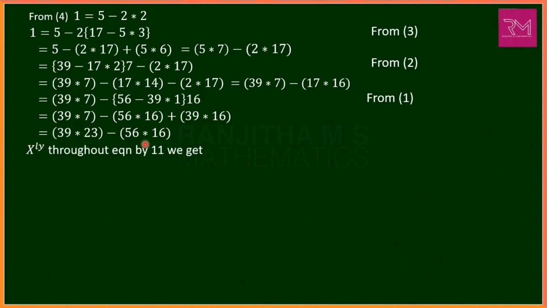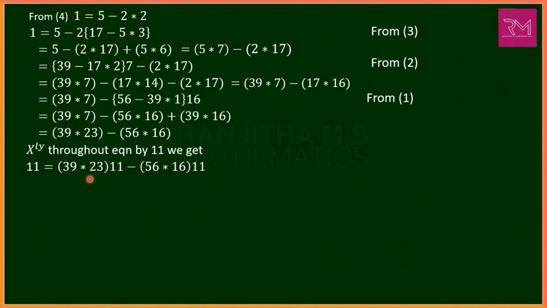Next step, to obtain a linear Diophantine equation, here we have the C value as 1. In the given problem, the equation is of the form 39x minus 56y is equal to 11. So to obtain that value, we have to multiply throughout the equation by 11. We get 1 into 11 is 11, which is equal to 39 into 23 into 11 minus 56 into 16 into 11.